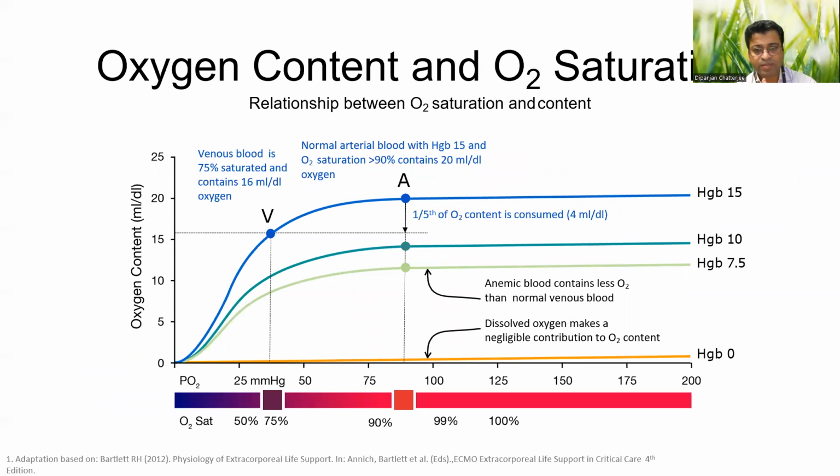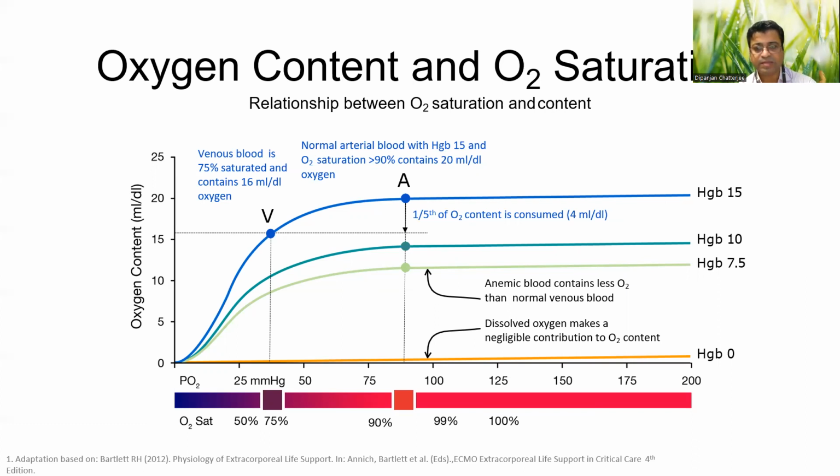If we want to see the effect of hemoglobin on the oxygen content, you can see that blood which is 100% saturated with oxygen means that all the available hemoglobin is bound to oxygen. As we come down on the hemoglobin level, the arterial blood oxygen content goes down.